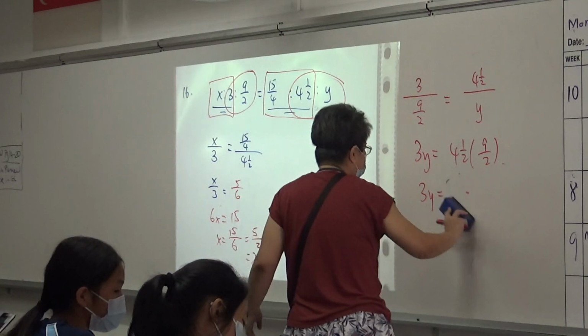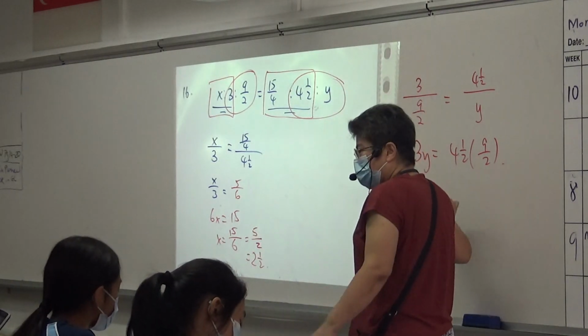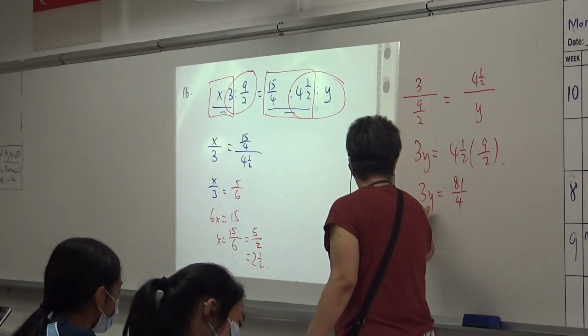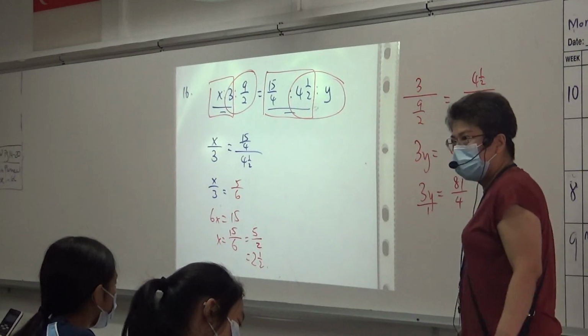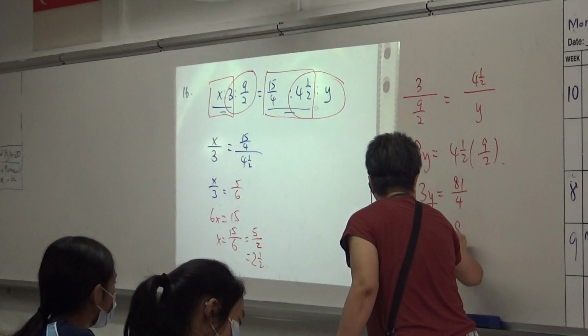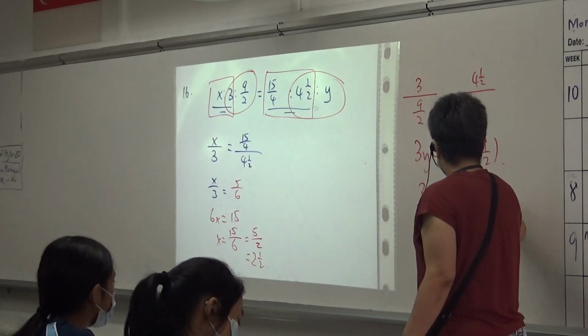Give me in proper fraction. 81 over 4. Now, 3y is 3y over 1, right? Remember I told you this before? So I cross multiply. 12y equals to 81, right? Y will be what?